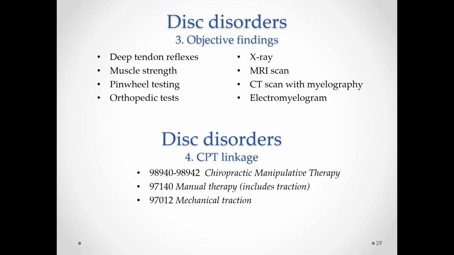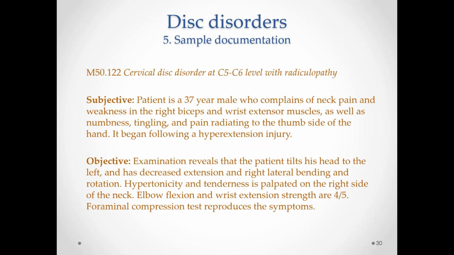You might think there are other procedures you could do that could be justified by disc disorders. I don't know what those are. These are the ones I came up with, so I'm just offering my opinion here. If you do other procedures, tie them to different diagnoses. Do some diagnosis pointing and make sure that your procedures and your diagnoses relate to each other and they're clinically relevant, okay?